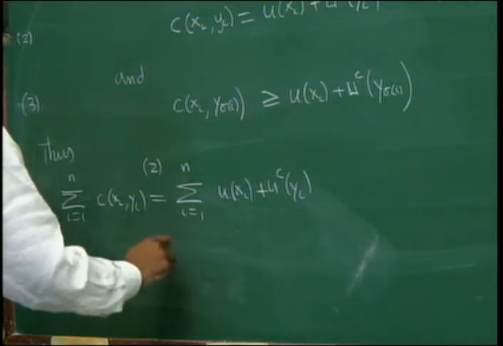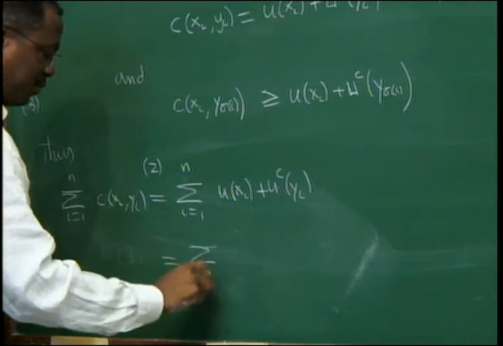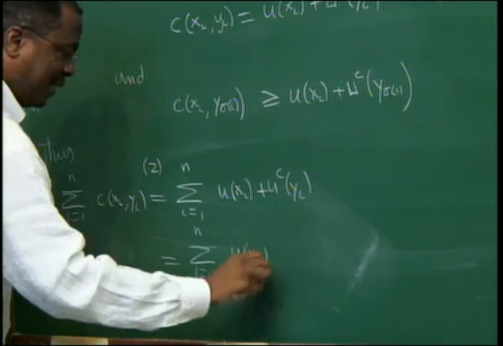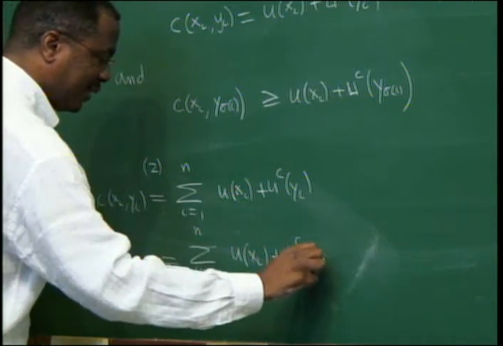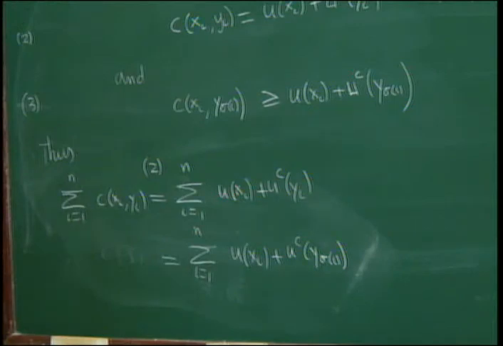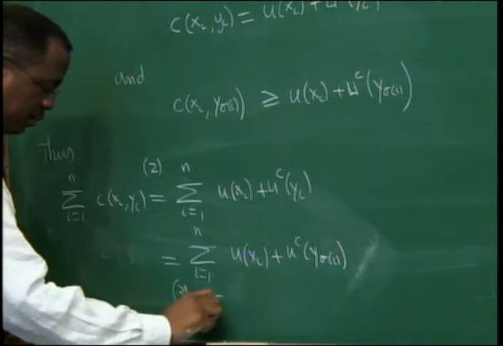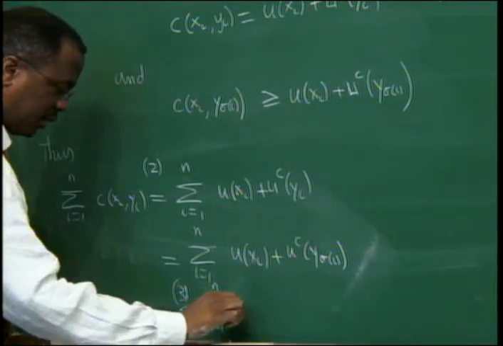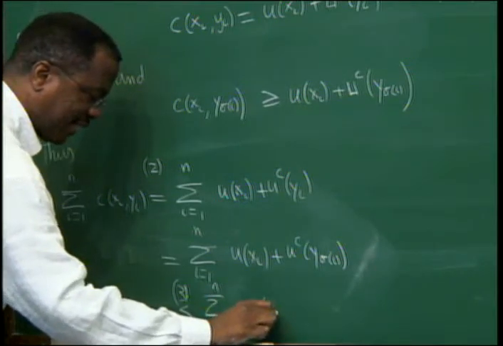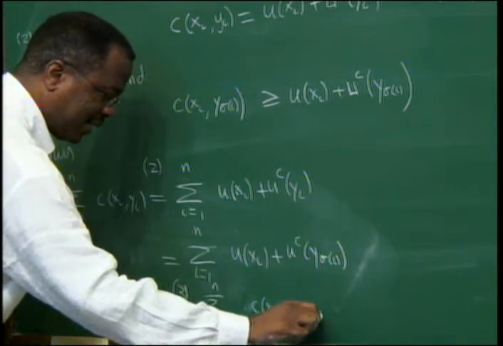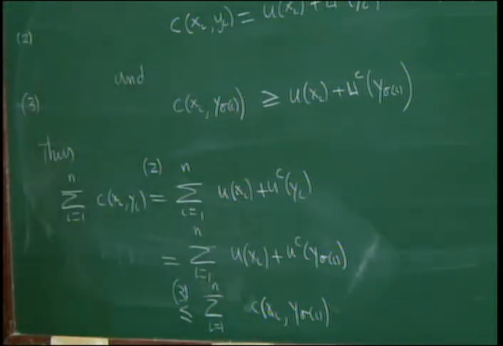But observe that this is also the sum i from 1 to n of U of x_i plus U^c of y_sigma(i), because sigma is a bijection. But if I use 3, this is less than the sum i from 1 to n of C of x_i, y_sigma(i). And so I am done.